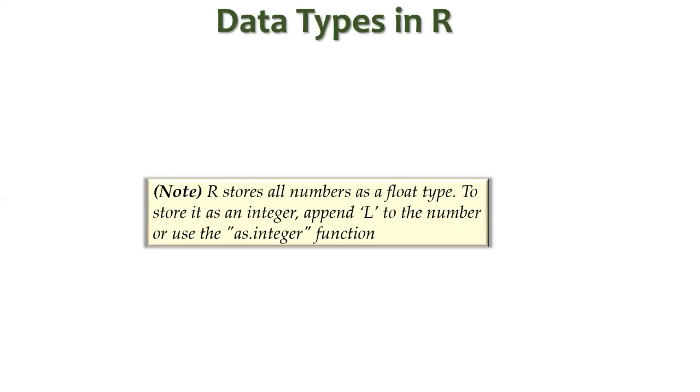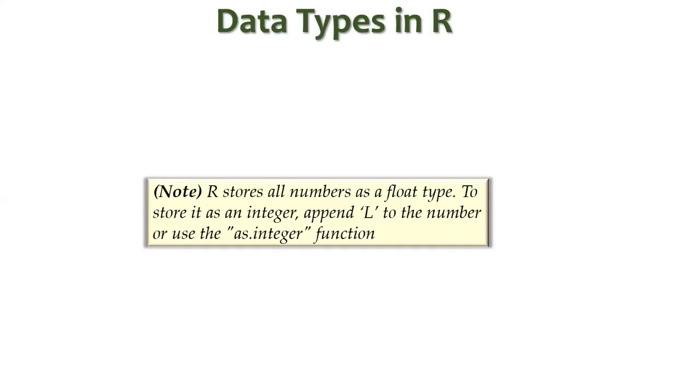If you want to specifically use integers, so integers are whole numbers. Say you are counting the number of people in a house, and the number of people cannot be decimals, or the number of houses, then you might want to store your numbers as integers. If you want to store your number as an integer, just type the number and then add a capital L at the end, and R will store it as an integer.